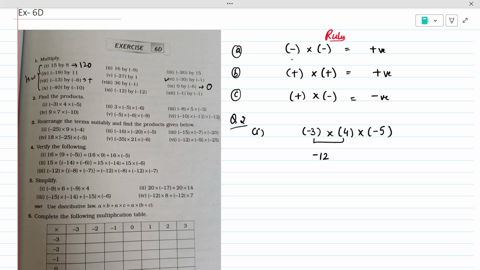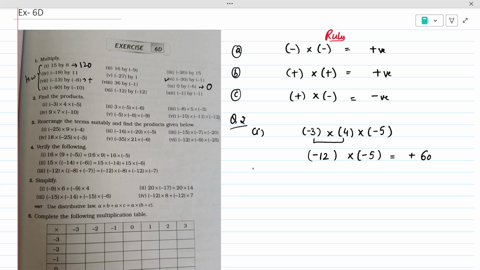Why? Because we know minus into plus is minus only. So this is minus 12, and now we have to multiply this minus 12 with minus 5. So 12 into 5 is 60, and minus into minus is plus. So the answer is plus 60. So this is how we can do this question.